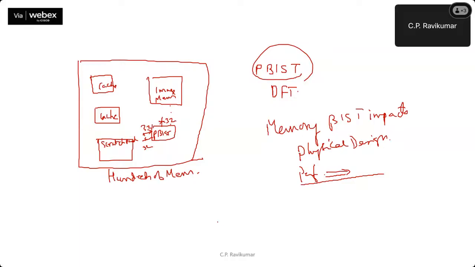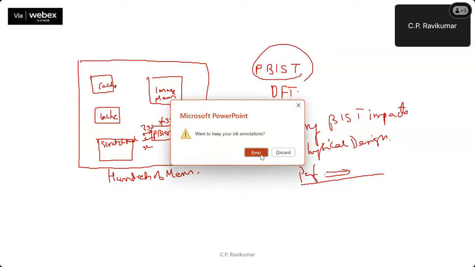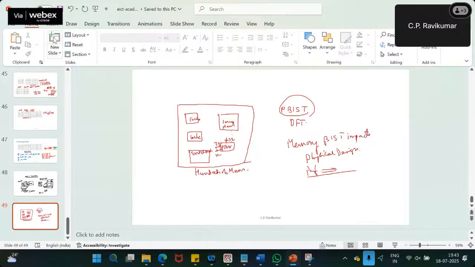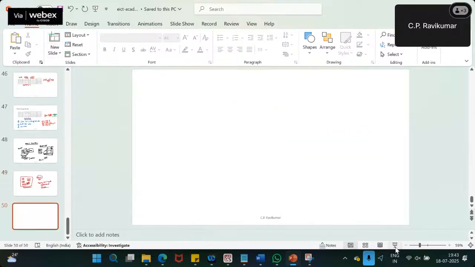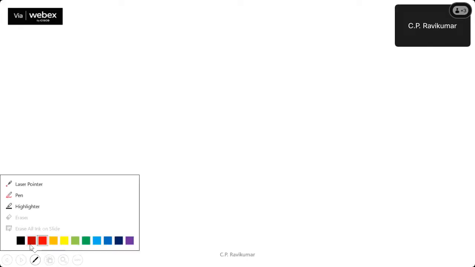Then there are other things that people are doing. It may be possible for you to build ECC memories. So these are error correcting memories, or they use error correcting codes. ECC stands for error correcting codes.